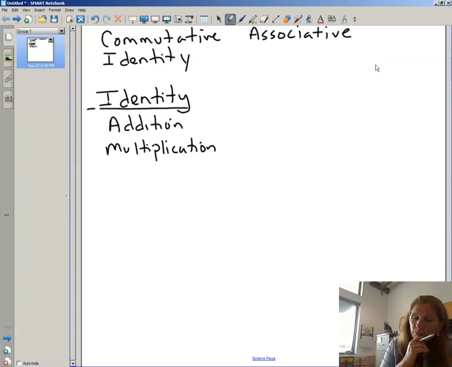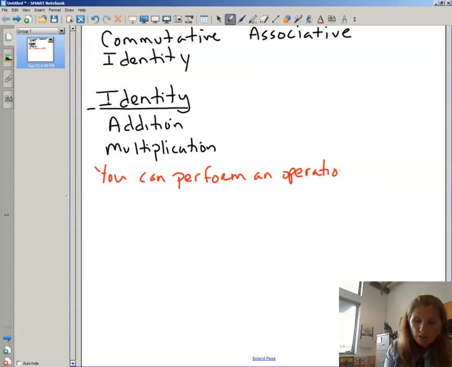In words, the identity property says you can perform an operation on a number without changing its value.